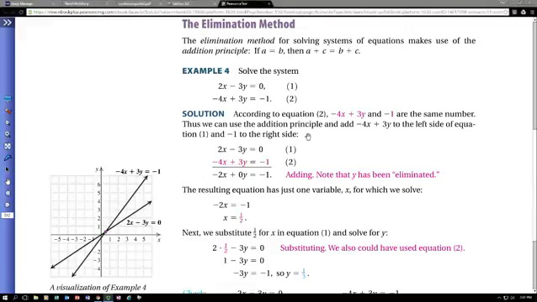It'd be kind of like if I had a balance scale again, and I had this one weight that was 10, and then I had this weight I didn't know the value of, and this other weight that was different. I'd say, well, that's x and this is y. It'd be like saying x plus y equals 10.